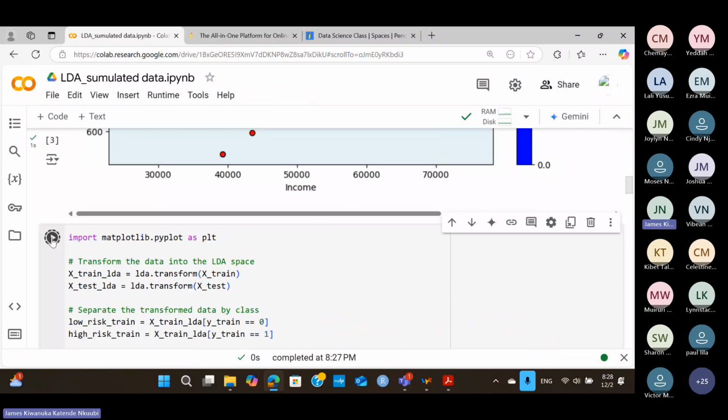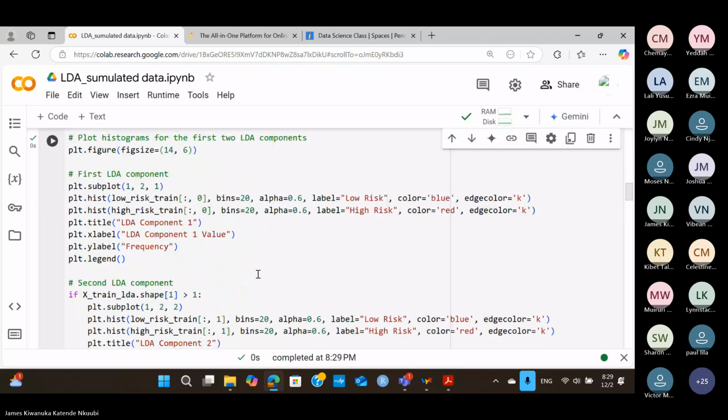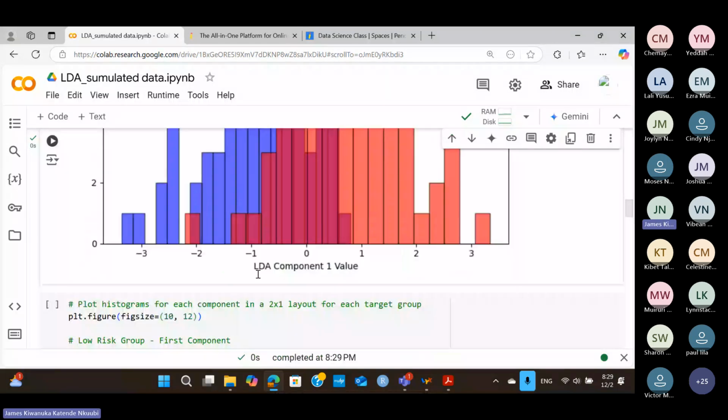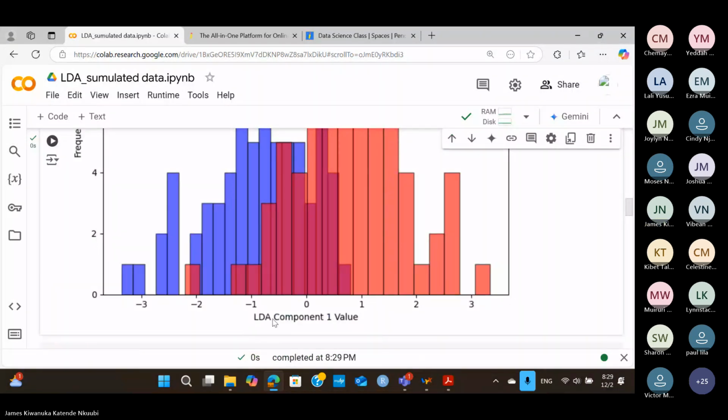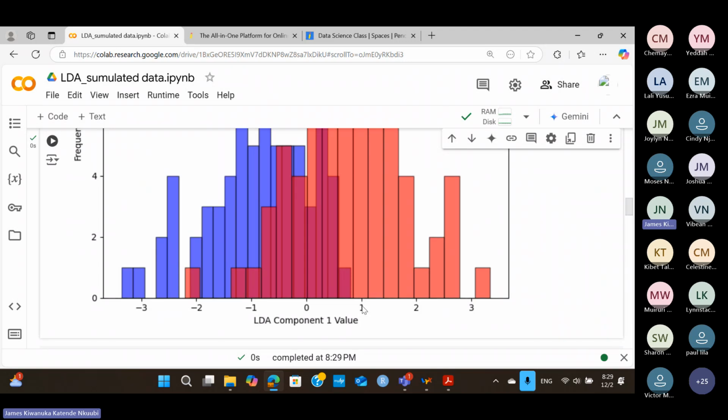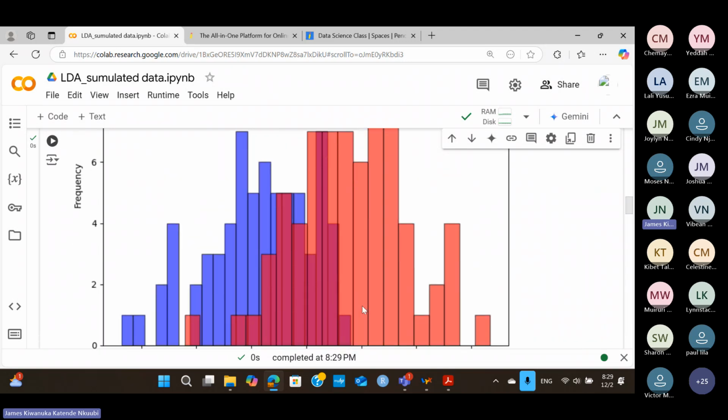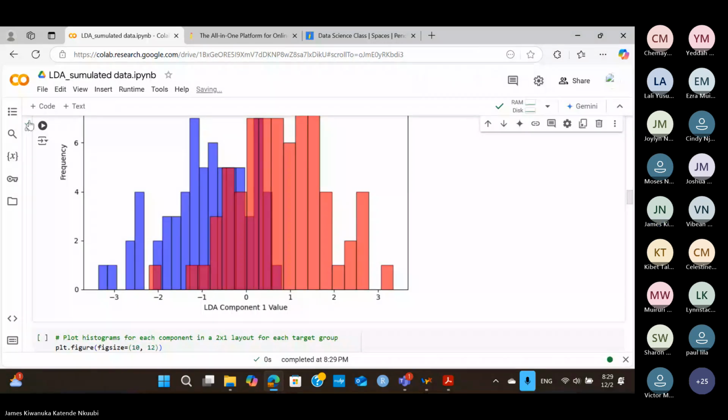Then when you do the projections, you can project onto this. This is the first component value. Basically, you project it onto this direction that maximizes separation. And when you do that, you can do histograms of the data points after they've been projected onto the first component.